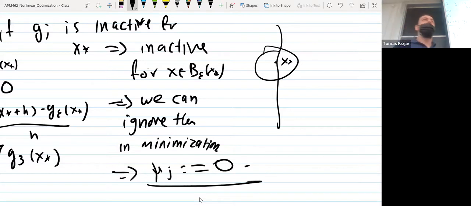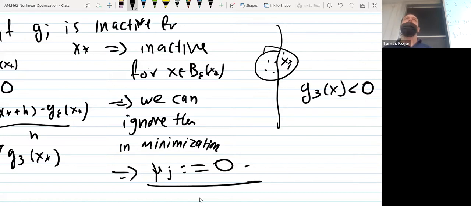We set it. It's not a proof. It's like we can ignore it because locally they are all inactive. All the points satisfy G_j less than or equal to 0. I don't know. Maybe with the examples, it will be a little bit better.